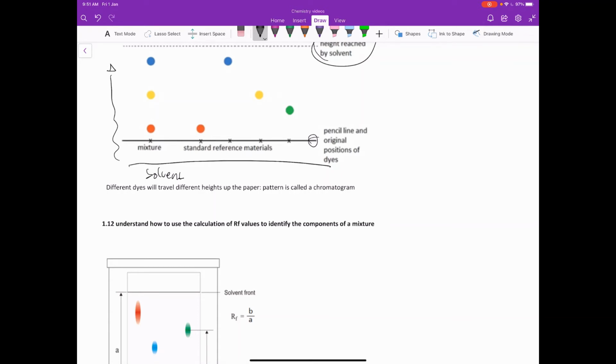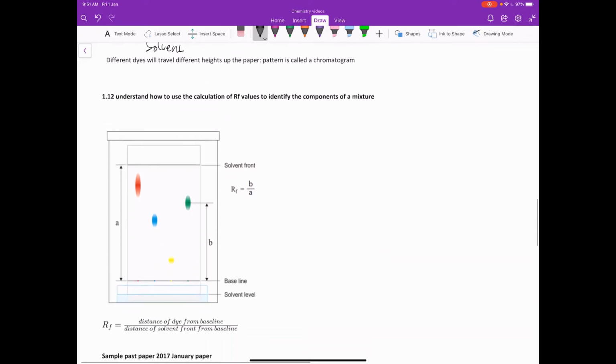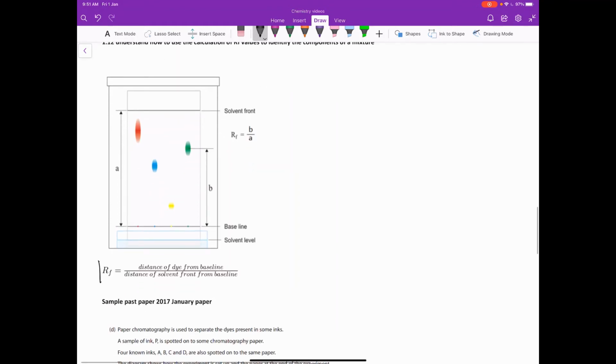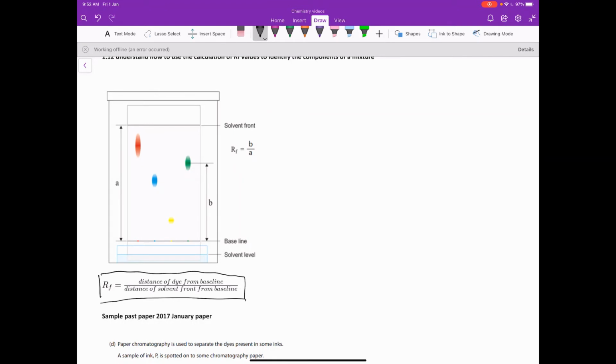And in 1.12, understand how to use calculations of RF values to identify the components of a mixture. This is the equation for the RF value. It's best to remember this.